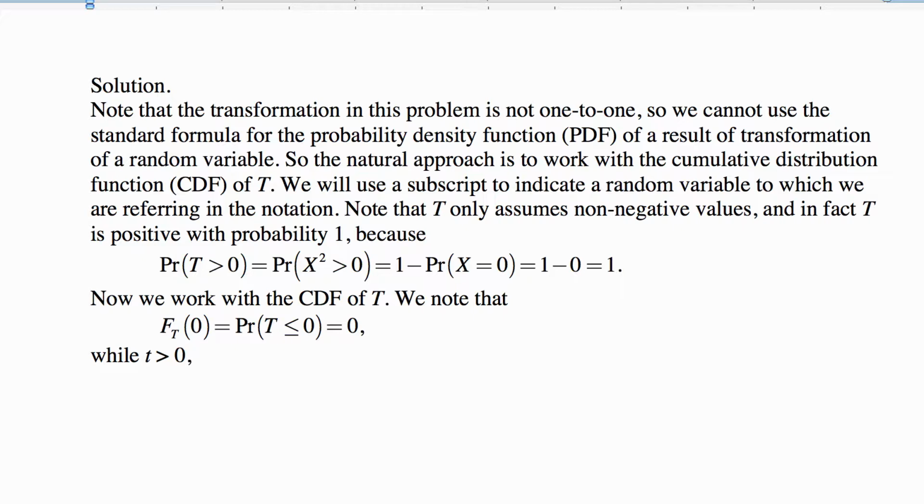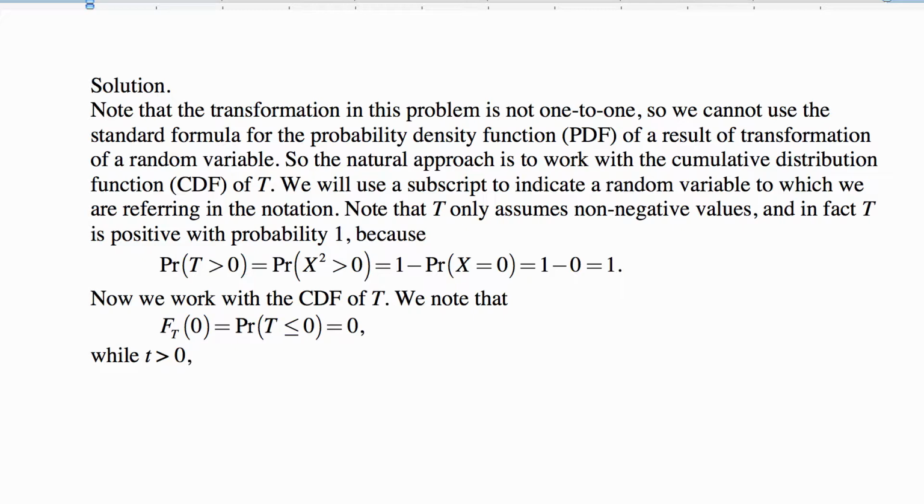I use the subscript to indicate the random variable to which we are referring in notation. I use that in all of my texts, so I'll do that again here. Also note that the random variable t only assumes non-negative values. It's the square of x, so that's why it's greater than or equal to 0. In fact, t is positive with probability 1, because the probability that t is greater than 0 is the same as the probability that x squared is greater than 0, and that's 1 minus the probability that x is equal to 0.